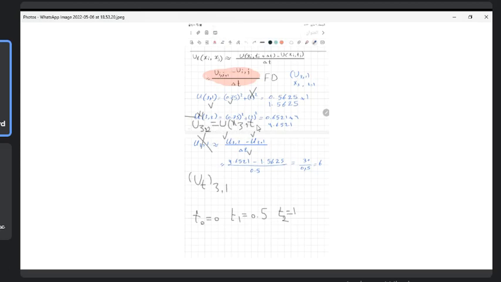It is correct. U3 and 2 as written is not correct. 3 and 2 should be indexes, not the variable, not the value for U. You should write U with index 3 and 2 equal to U of x3 and t2. It is correct. Okay? Do you understand?